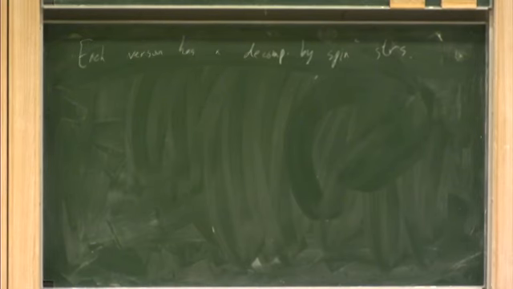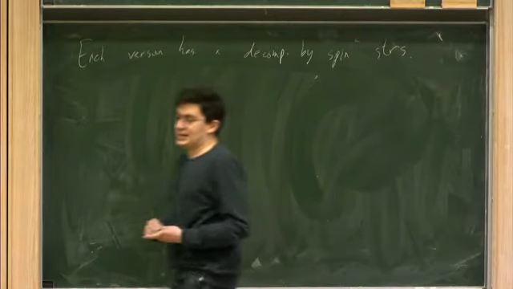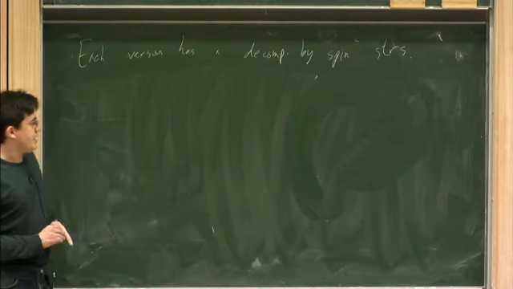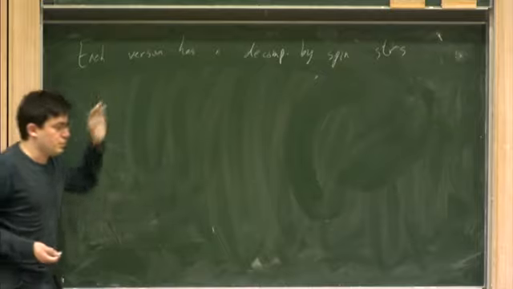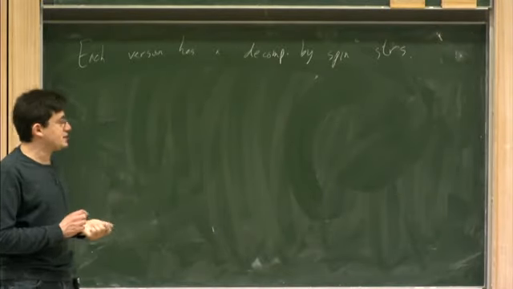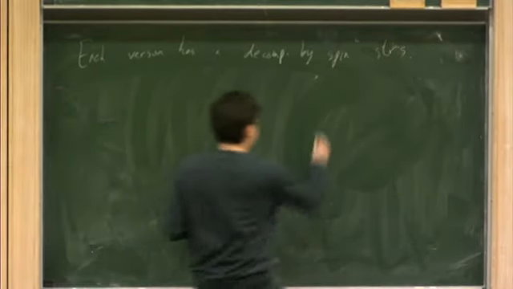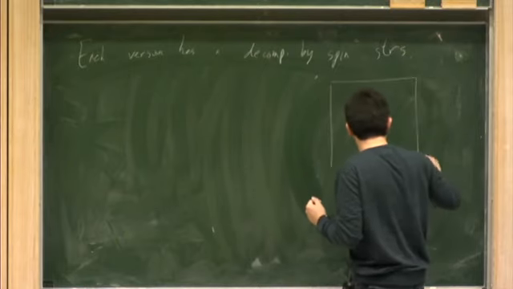I guess I didn't tell you what a spin C structure is. I'm still not going to tell you what a spin C structure is because it's kind of abstract. But the basic idea is that when I have two generators, well, let's actually look at an example of this.